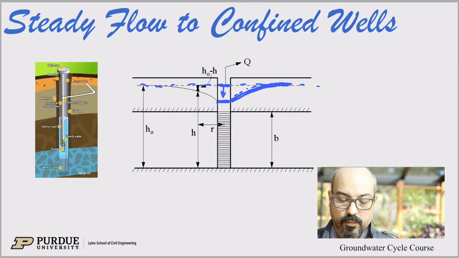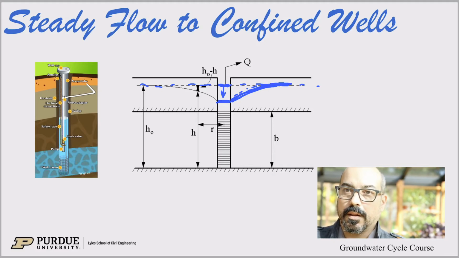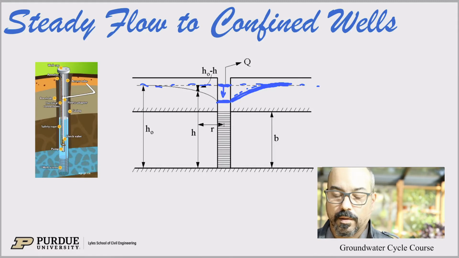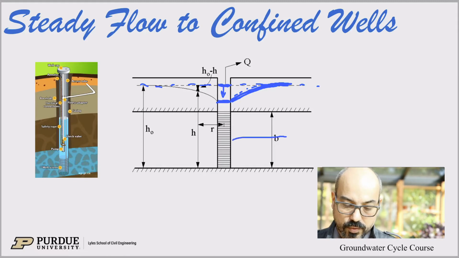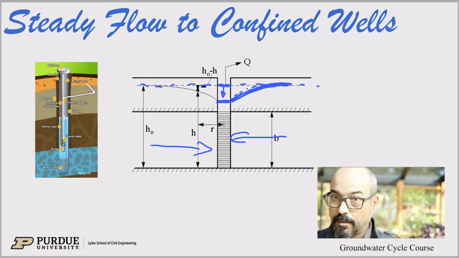Then when you start pumping, you're dropping the actual water in the well, but you're not dropping water in the aquifer, you're dropping the potentiometric surface. So you can see that the water is going to rush into the well from left and right, from everywhere, in radial coordinates, from all around that well.